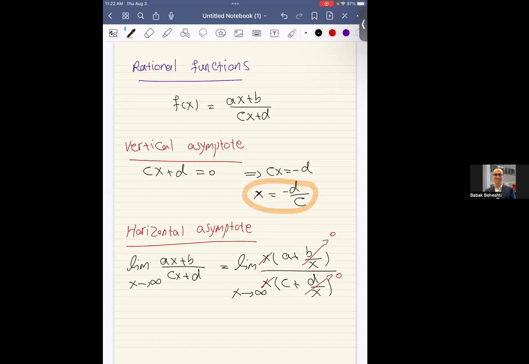So this limit, when x goes to infinity, is equal to a over c. So that means the horizontal asymptote is y equal to a over c.